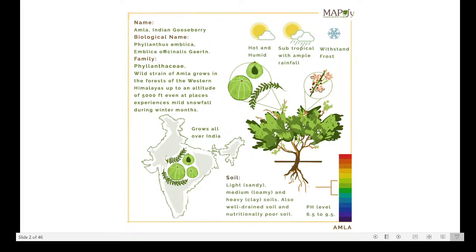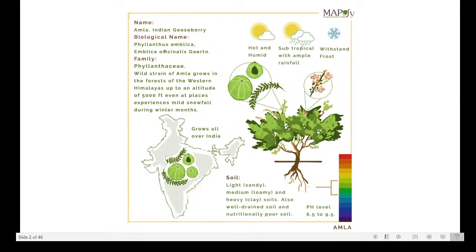In India, many in the south region cultivate it in small quantity, but in the north, in the frozen states near the border of Nepal and West Bengal, in Kashmir and Uttarakhand, in Dehradun, they are providing big land for the cultivation of this emblica.